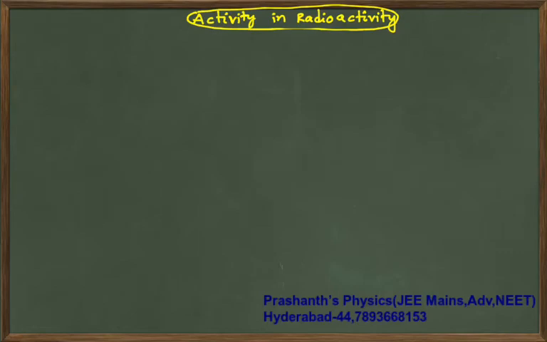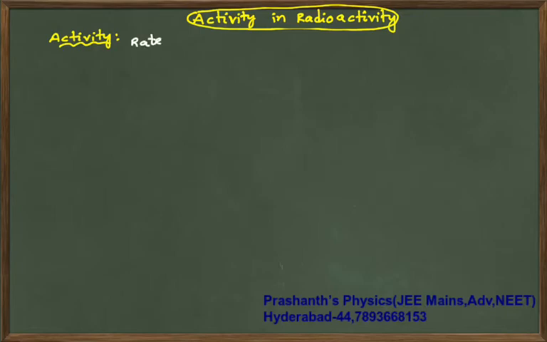Previously what you have learnt is regarding the number of nuclei. Already you know that nuclear radioactivity is there, but the activity word is indirectly the rate of decay.